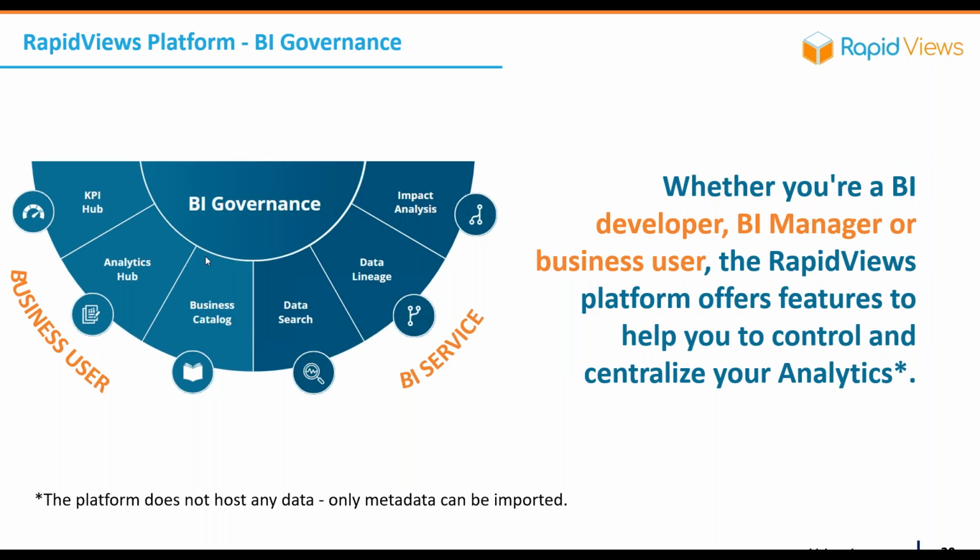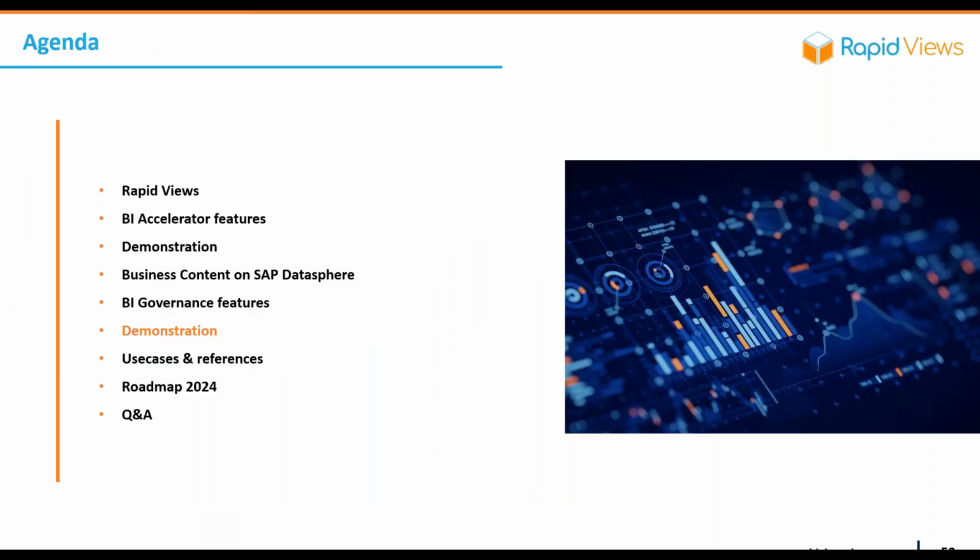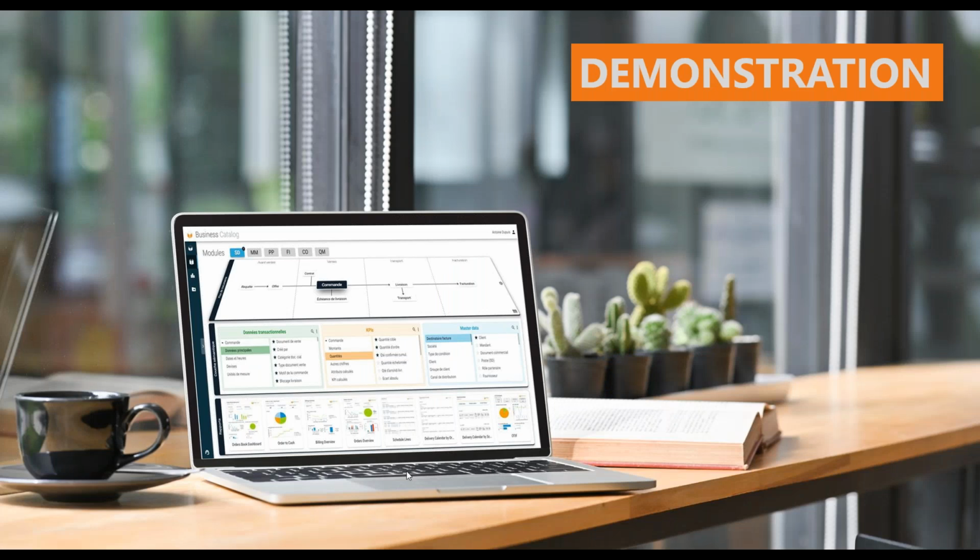And what if you could centralize all your reports, what we call an analytics hub, with reports that could be a mix of Power BI, SAC, Business Objects, Tableau, and so on, and also have a view of all your KPIs? So that's what we provide through this platform. Julien, show us how that works.